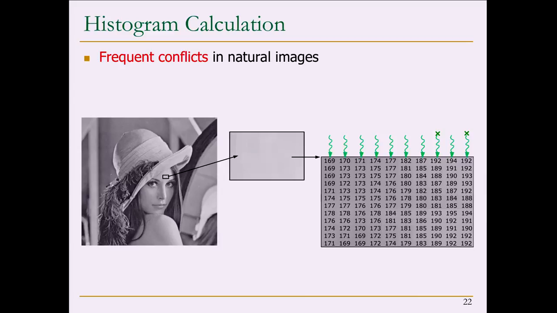So they need to use atomic operations. They go to global memory to read the bin, both together, read the bin, whatever the value is, update the bin, and then store. But they are both doing it at the same time, so only one of them can do it.